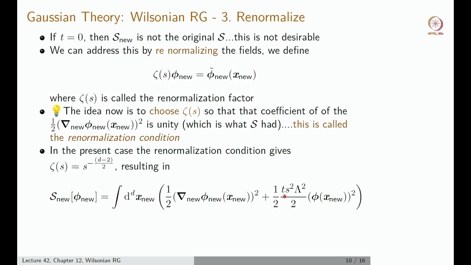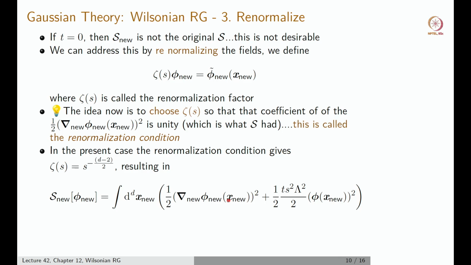So let me just quickly revise what the renormalization condition is. We have these intermediate fields, which we got by transforming the coordinates and defining new fields from the phi less than fields. We multiply our actual new fields with some kind of renormalization factor, which we call zeta of S, so that the coefficient of this gradient phi new of x new whole squared turns out to be unity.